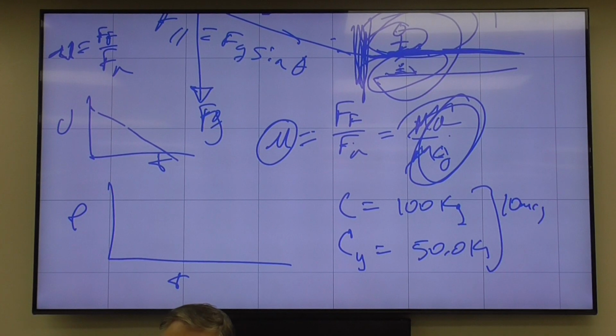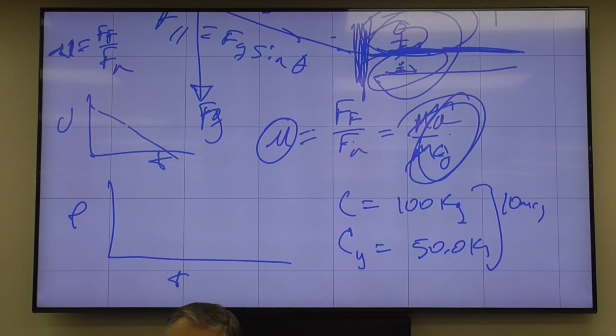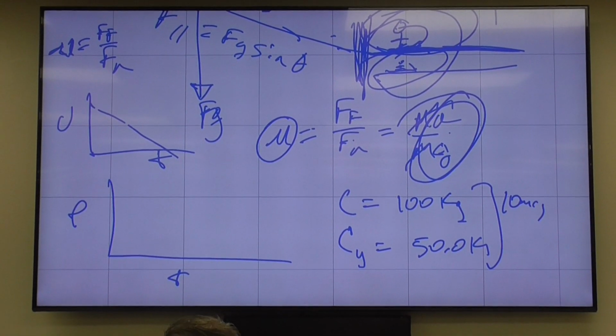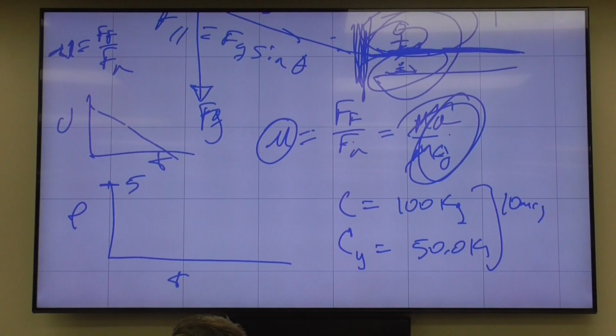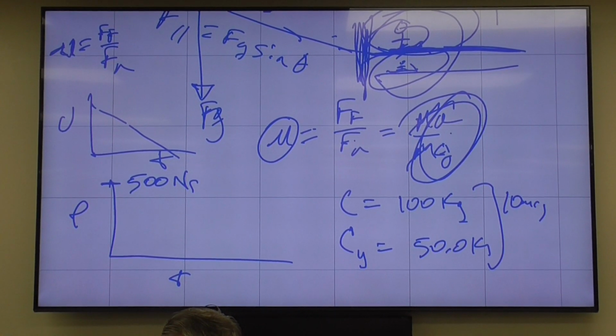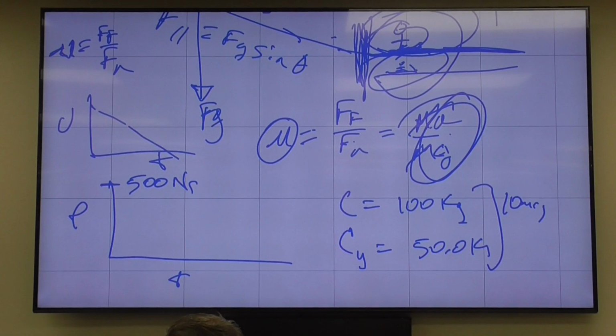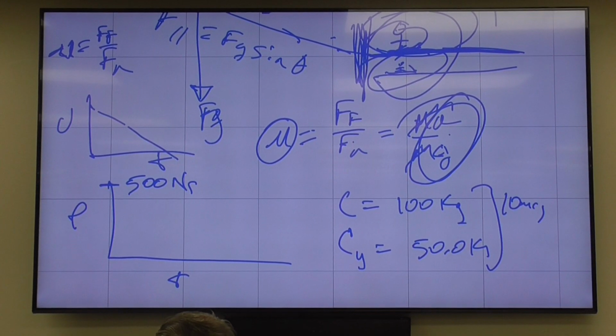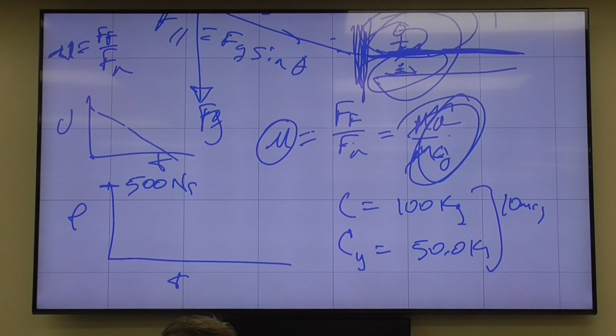What are their momentum time graphs going to look like? Where's Colin's going to start? Higher. He's going to start at 1,000, because it's 100 times 10. Colin the younger is going to start at 500.